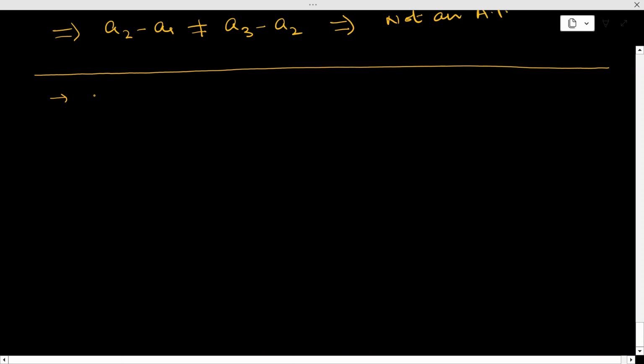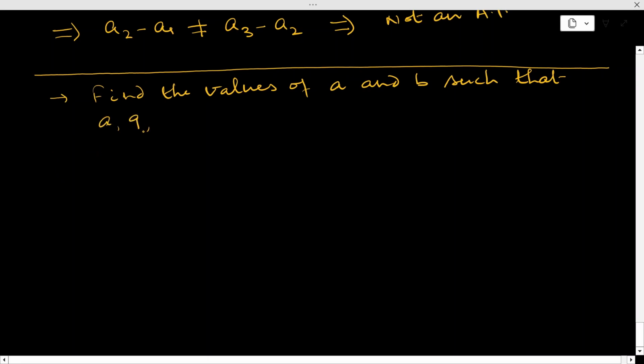In the next problem we have to find the values of A and B such that A, 9, B, 25 is forming an AP.